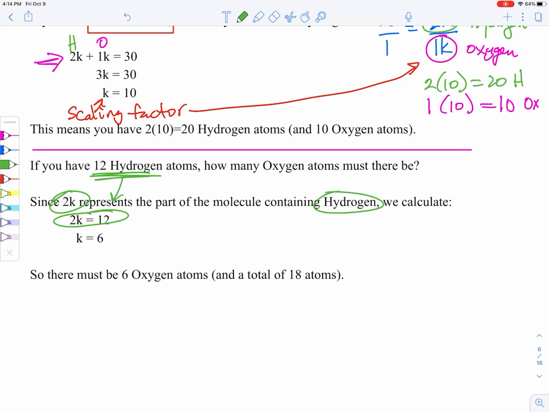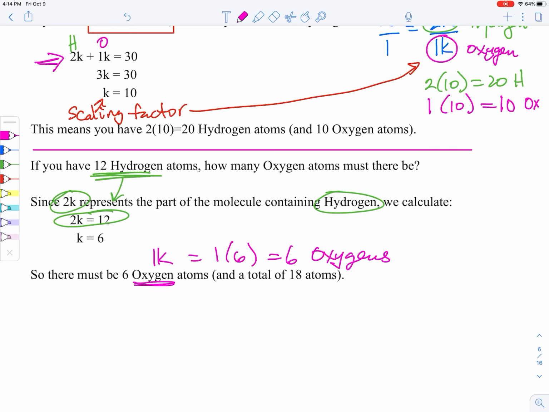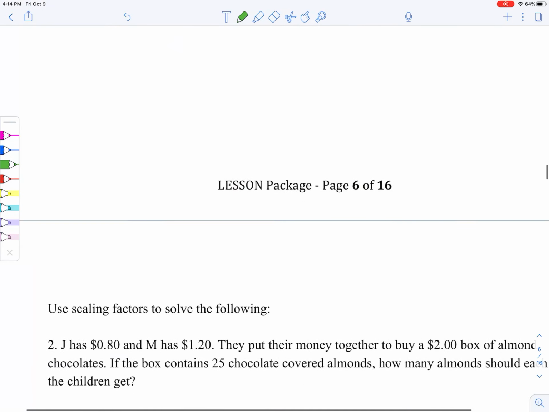Solve for K equals 6. And since oxygen was just 1K, that would be 1 times 6, which equals 6 oxygen atoms. And overall, we would have a total of the 6 oxygen plus the 12 hydrogen, which gives a total of 18 atoms. So let's practice that.